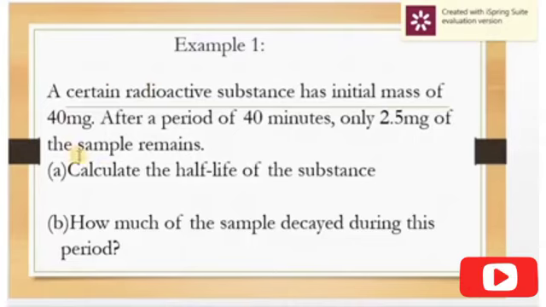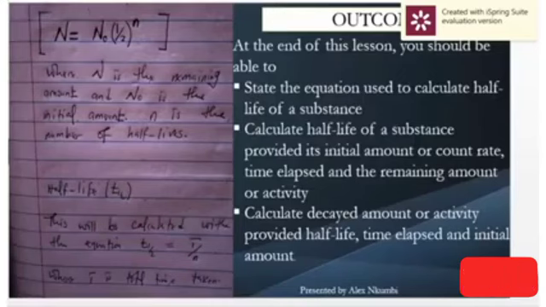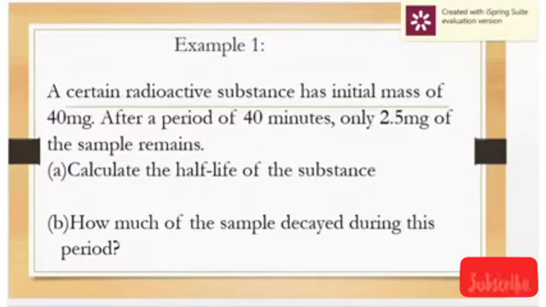The second part, how much of the sample decayed, is covering the objective about calculating the decayed amount or activity provided you are given the half-life of a sample, the time elapsed, and the initial amount. Okay, so quickly let us look at the solutions.